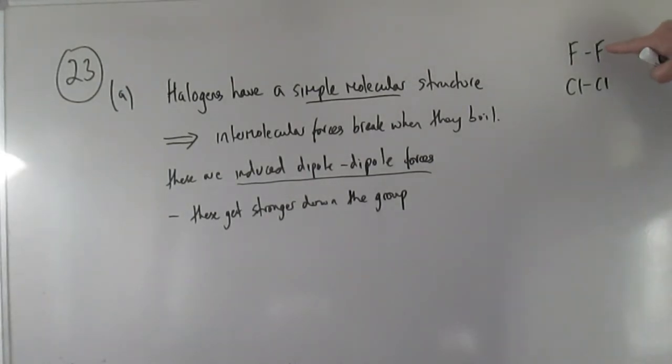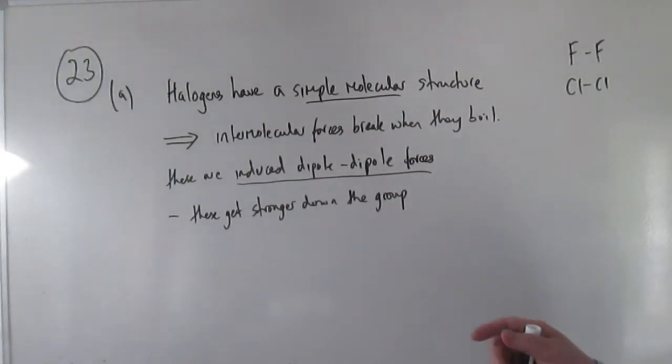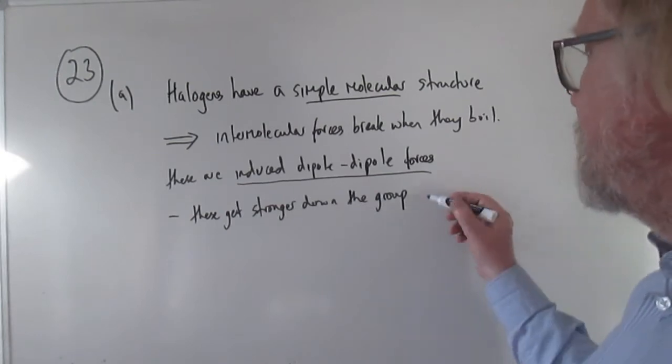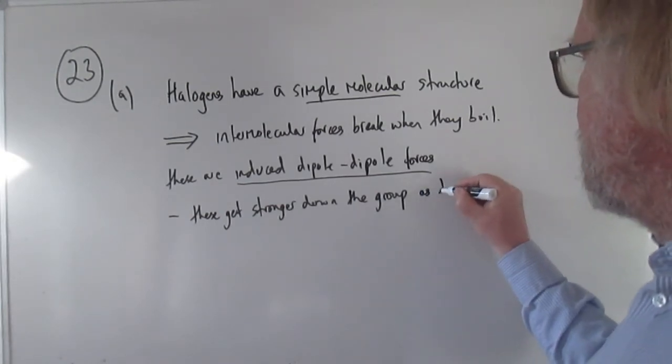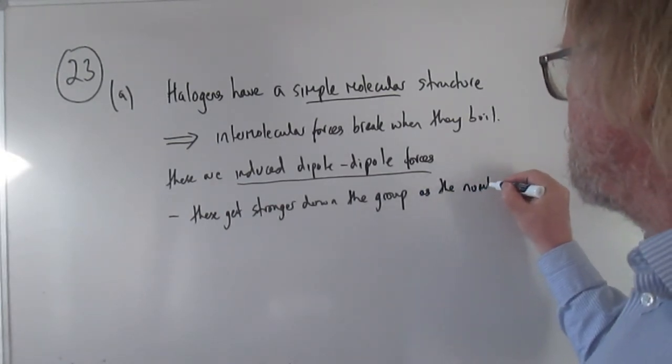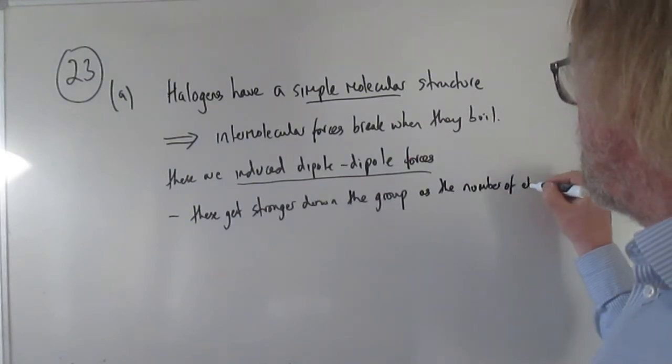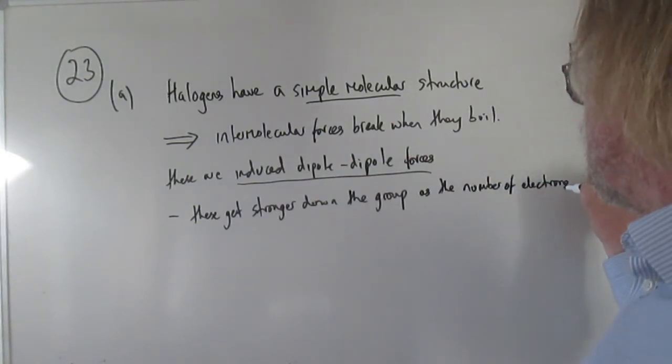So in a fluorine molecule, each fluorine has 9 electrons, because that's its atomic number, so there are 18 electrons in a fluorine molecule. But chlorine has atomic number 17, so there are 34 electrons, so a lot more electrons per molecule, and that gives you stronger induced dipole-dipole forces. So they get stronger down the group as the number of electrons per molecule increases.